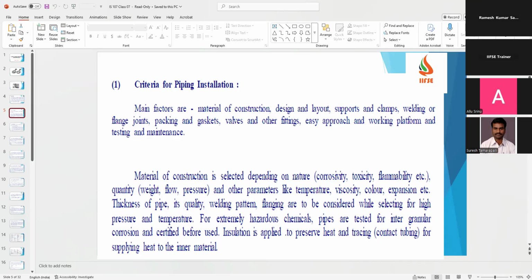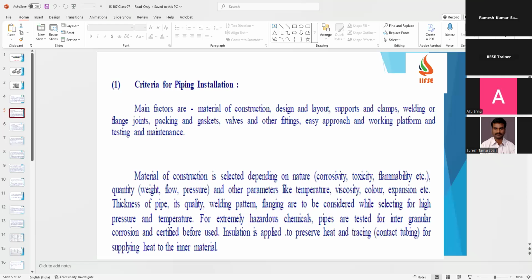For example, for any acids, we can't use iron pipes. They'll go with HDPE or plastic or rubber pipelines, or if you're using a metal pipe, it will have a Teflon coated or PVC coated lining inside so that it is compatible. Otherwise, a steel pipe or iron pipe will get corroded by the reaction.